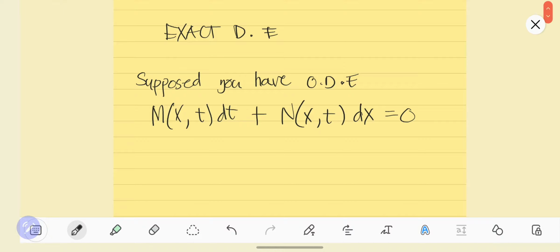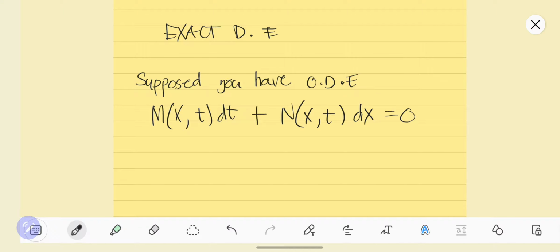Now, this is an exact differential equation, but before determining that, we will have a test for exactness of the ODE.